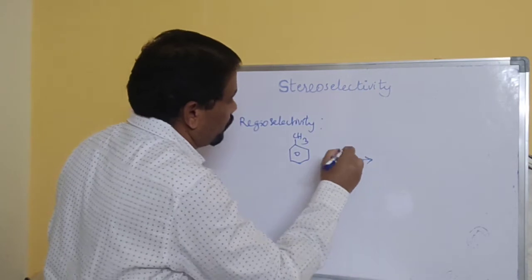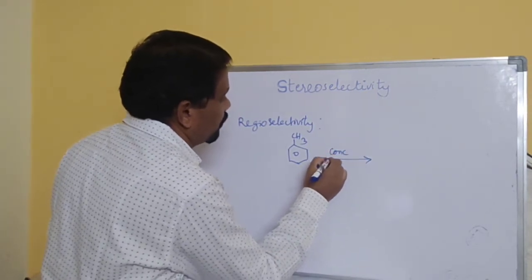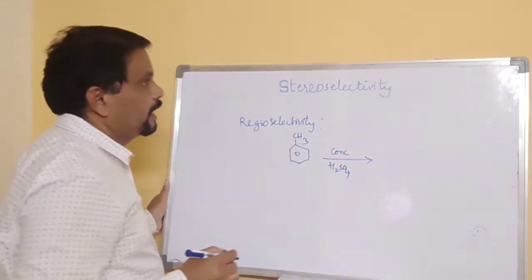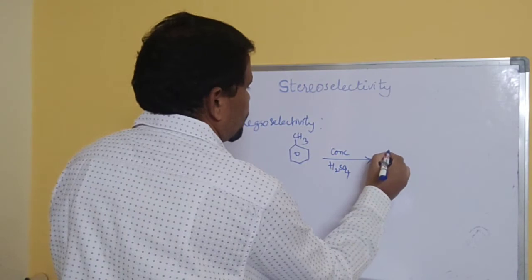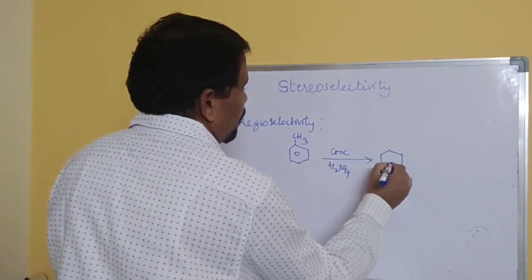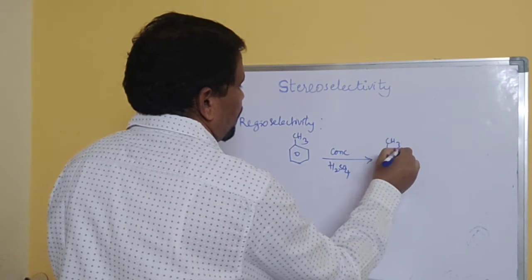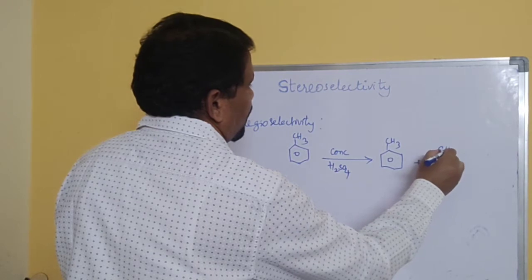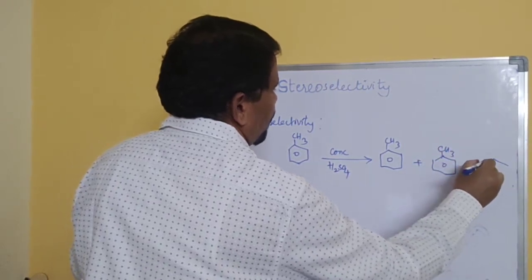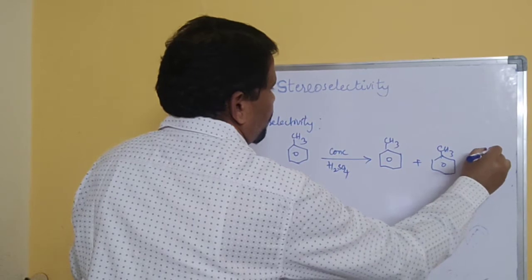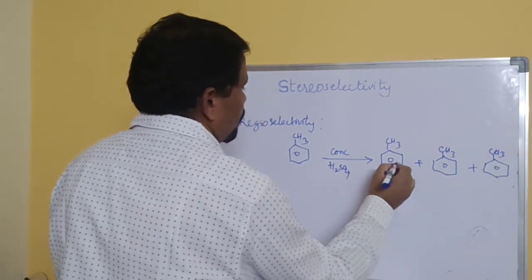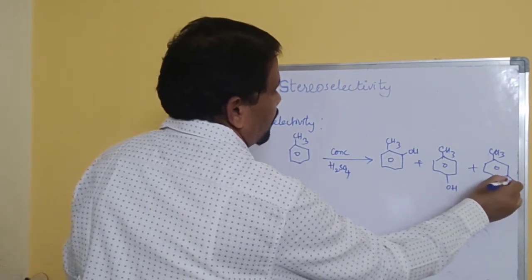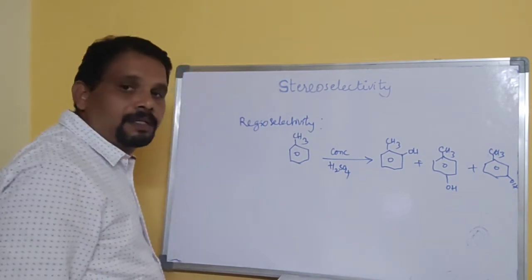Suppose this is toluene, the starting material. If you react this toluene with concentrated sulfuric acid, you will get three products: ortho-hydroxy, para-hydroxy, and meta-hydroxy toluenes, right?